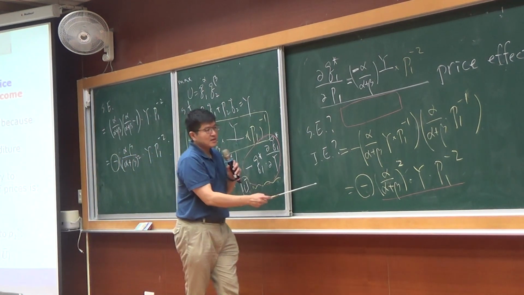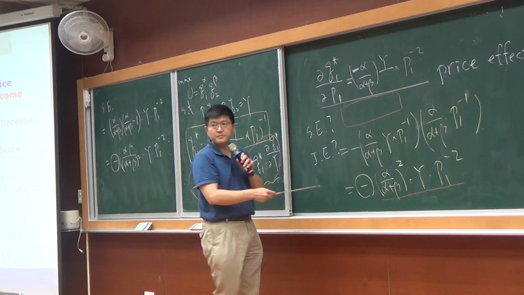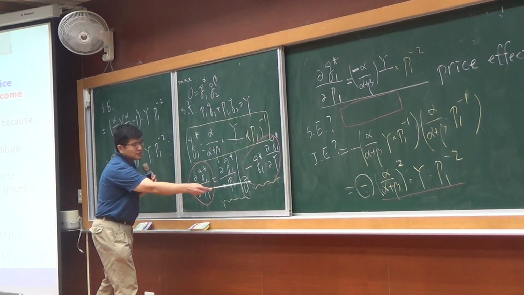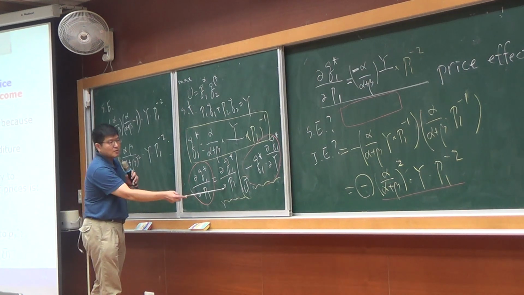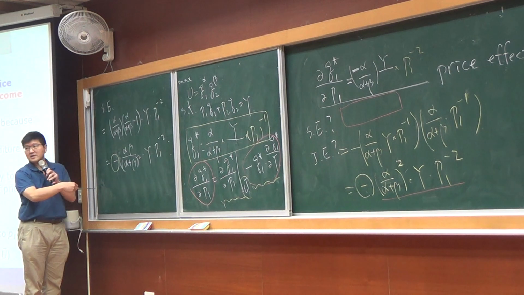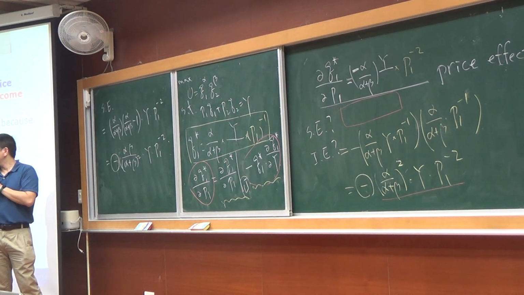So the income effect would look like this. And then we just move this to the left-hand side so that we may derive the substitution effect by this. Is that okay?